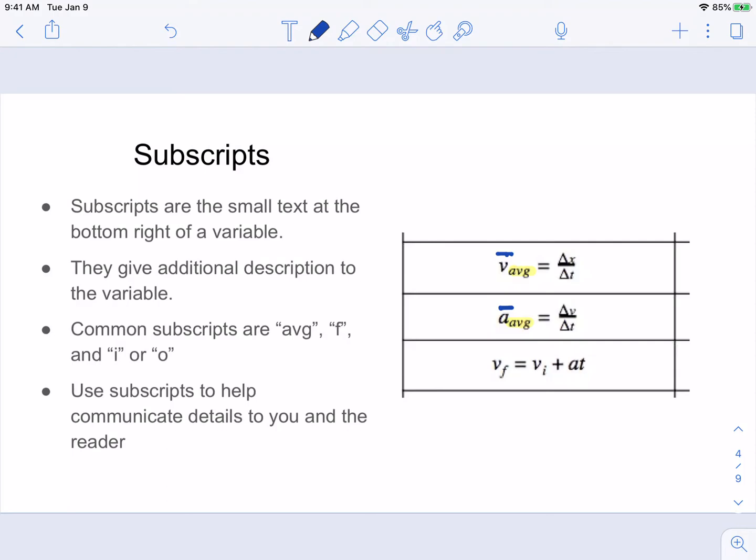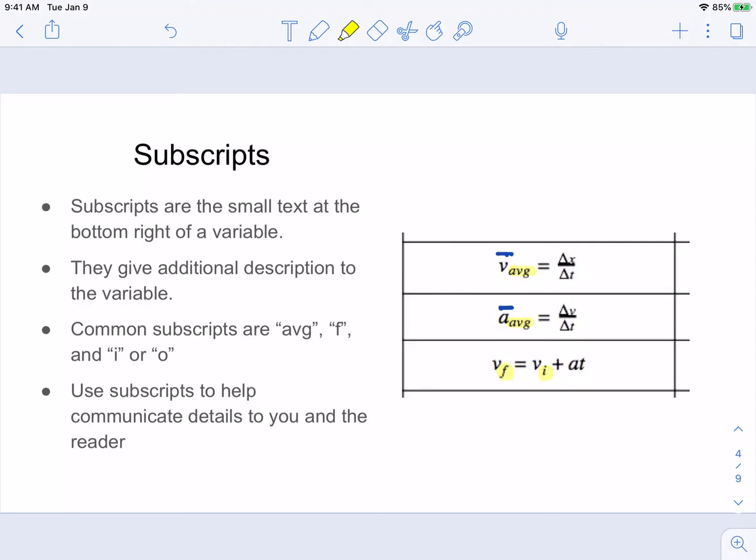Other subscripts that show up a lot are F for final. If you take a look in this last equation here, it says VF. That's telling us we're referencing a final velocity. In the equation as well, there's a V with an I. That means we're looking at the initial velocity.